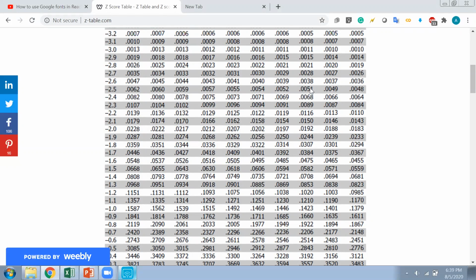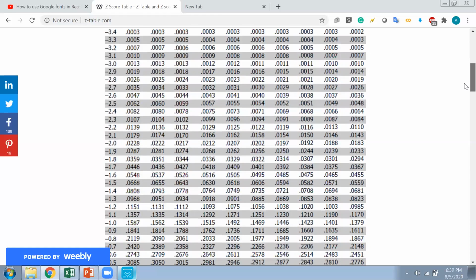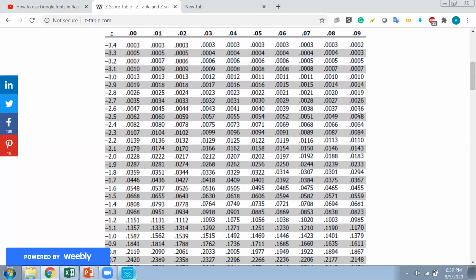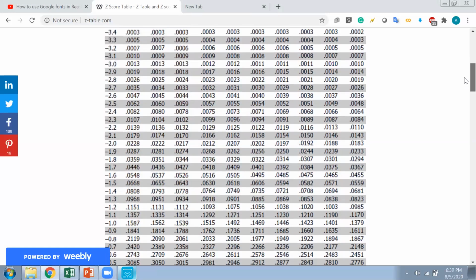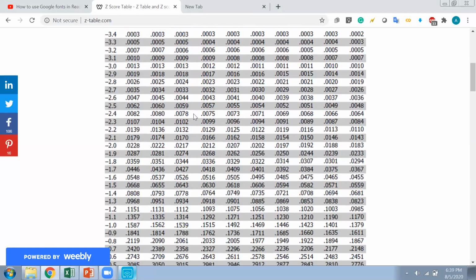Let's take this 51. So what will be my Z value? Negative 2.51, plus 0.08, right? So it's 0.7, sir, for 0.7? 2.5 and the above value is 0.7, I guess. Okay, say it's correct.